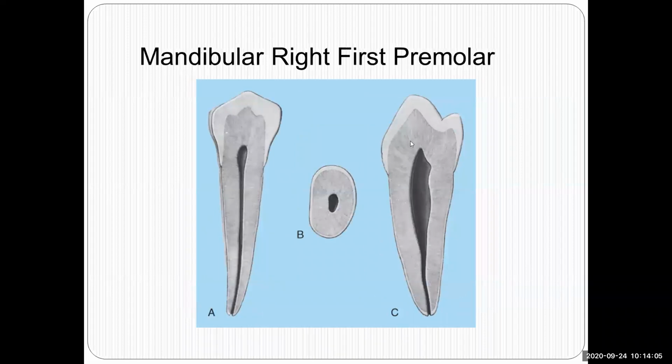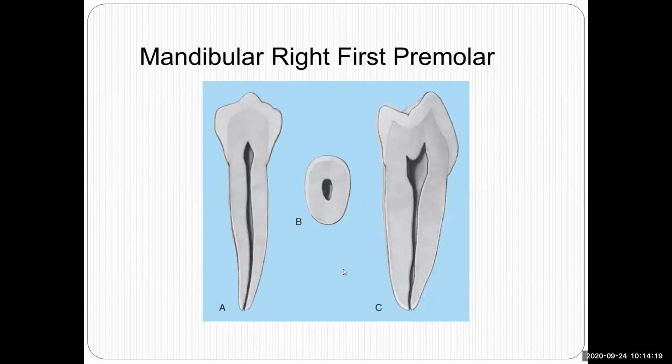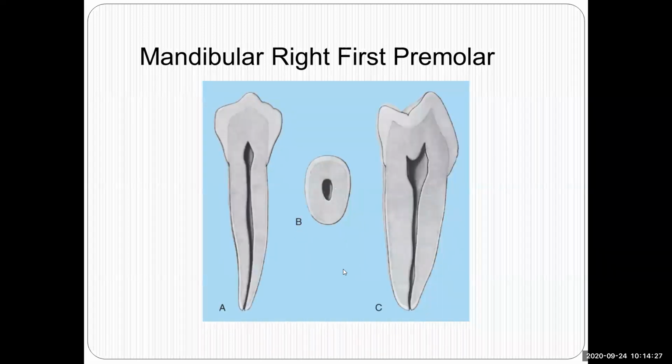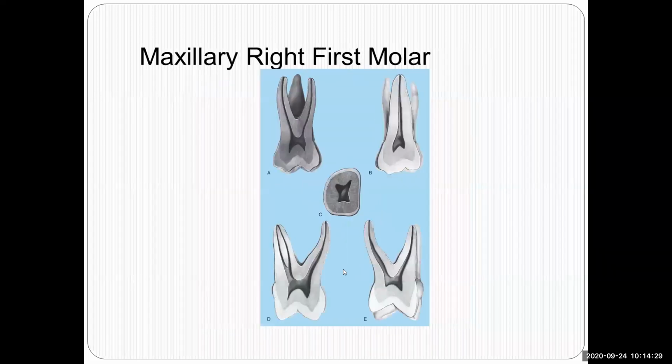This is that lingual tilt on the mandibular first premolar. Can you see how it looks like it's tilting towards the lingual versus the second premolar? It's a little more straight up and down. First molar, roots are widely spread apart.